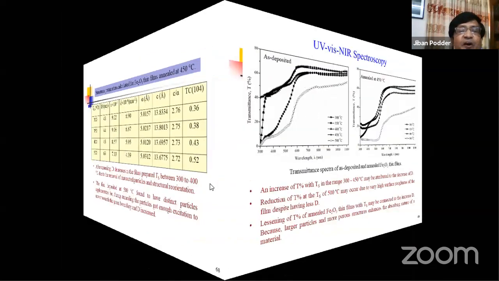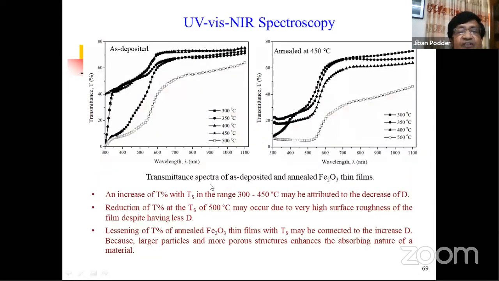Second, the optical transmittance is also reduced, as you see here, after increasing the temperature, and the increase of transparency within the range of 300 to 450 may be attributed to the decrease of grain size, since the optical properties are related to the size of the grain.